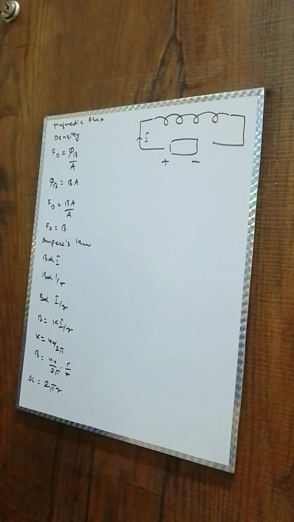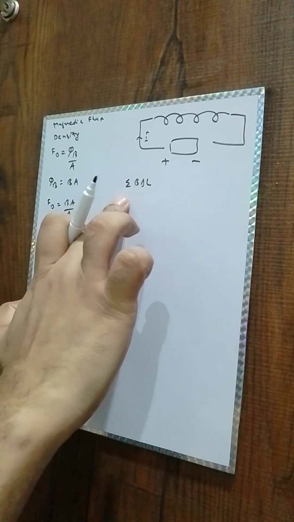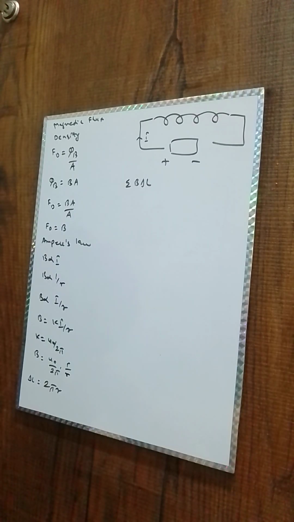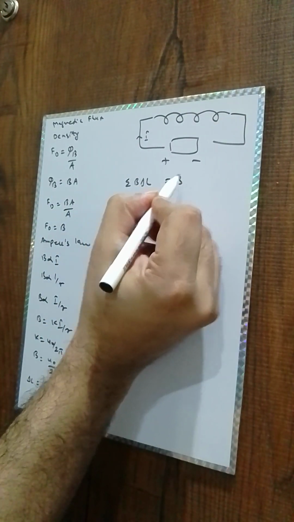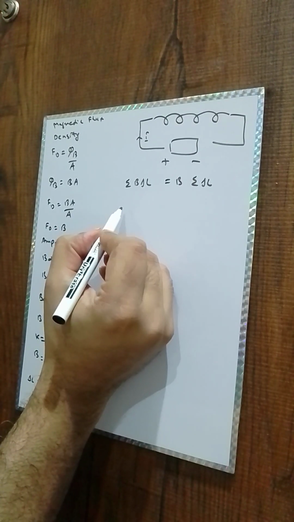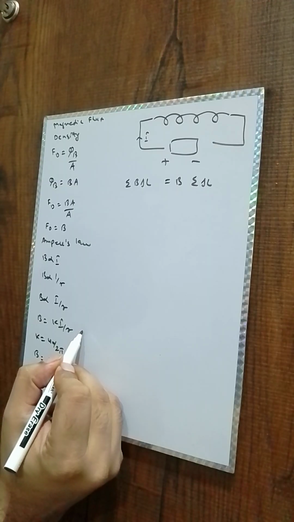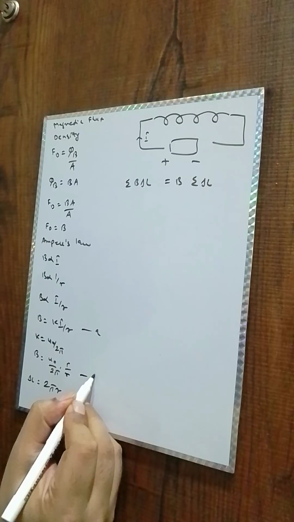So summation B delta L, magnetic field into length, and summation over the differentials will become B times the summation of differential lengths, the sum of all the lengths. Let's say A here, B here.